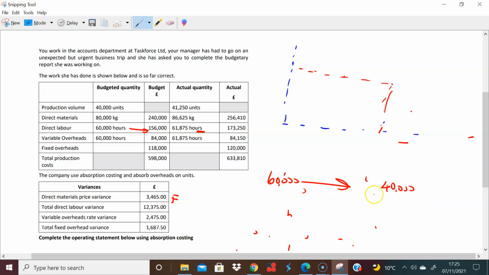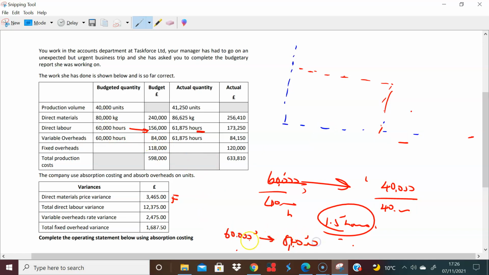So again, we know that that is really a case of 1.5 hours that we're basing this on. So 1.5 hours for every unit. In terms of the value or cost of those hours, 60,000 hours cost 84,000.